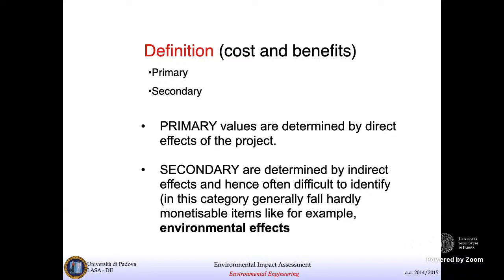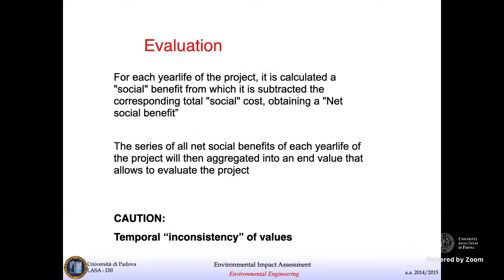In this category typically fall hardly monetizable items like, for example, environmental effects, landscape qualities, or environmental qualities, or other characteristics that are difficult to translate into monetary terms. The evaluation is made so that for each year of the life of a project, the social benefit is calculated, from which the corresponding total social cost is subtracted, so that you obtain a net social benefit.